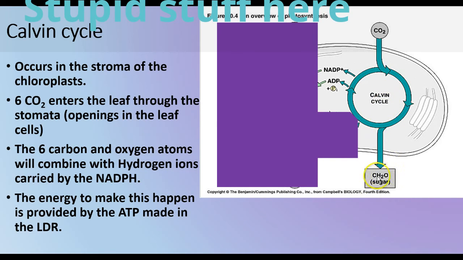Now remember, this is not the formula for glucose. This is the relative ratio of C, H and O atoms in sugar. So carbon dioxide, which is a really bad gas that contains carbon, is going to be fixed or converted into a usable carbon-based organic molecule called sugar, and this is what the plants live off of.